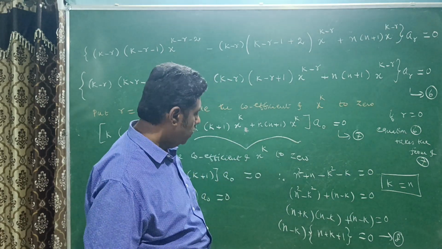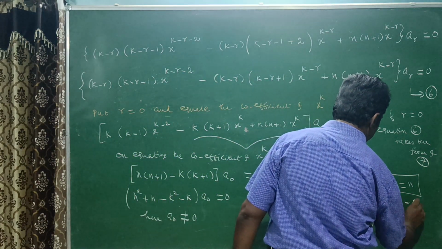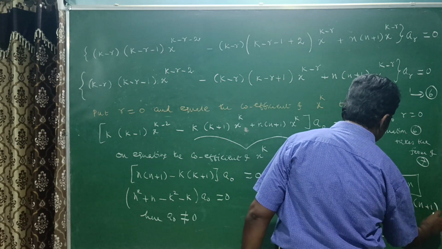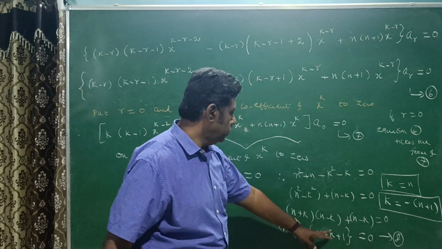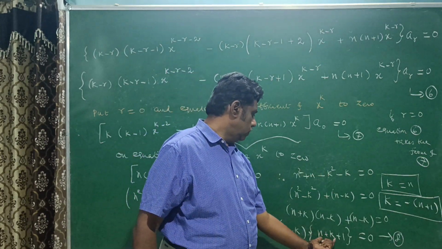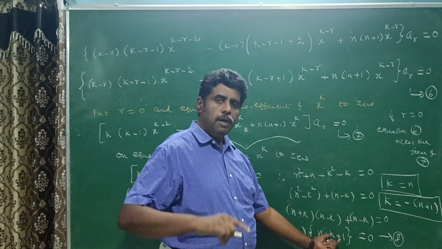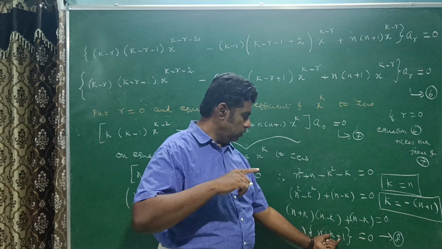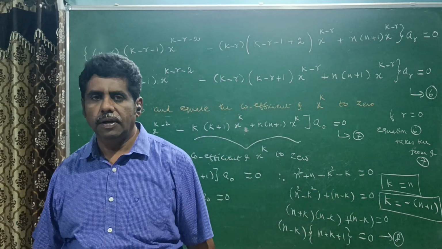And another option is k equal to minus of n plus 1. This is the second option. Otherwise, if n plus k plus 1 is equal to 0, then k equal to minus n minus 1, that is minus of n plus 1. These are the two possibilities of k.